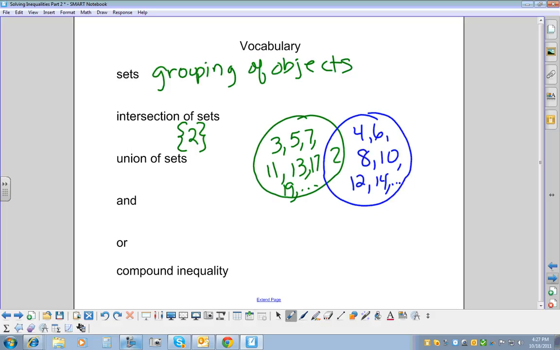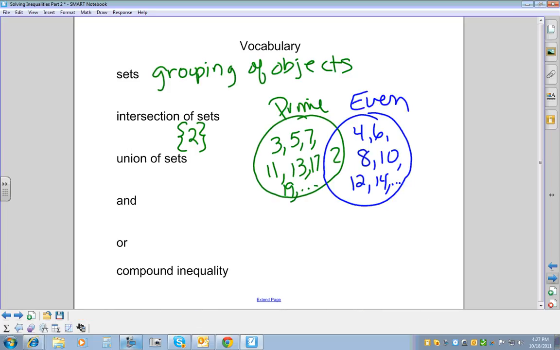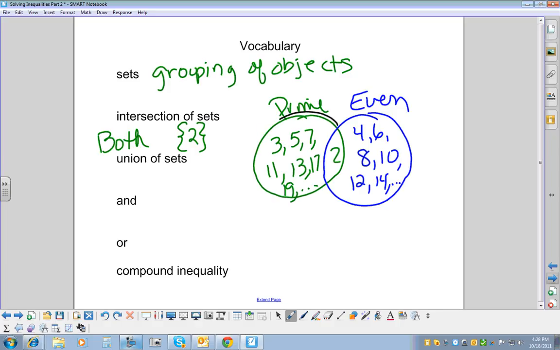So this is prime numbers, and this is even numbers, and the only thing that belongs in both sets, can say I'm in both, is the number 2.